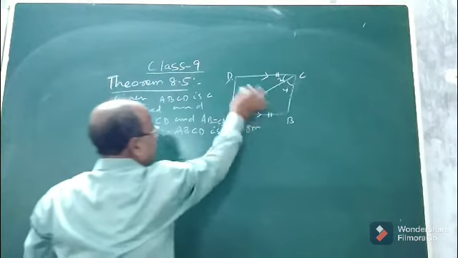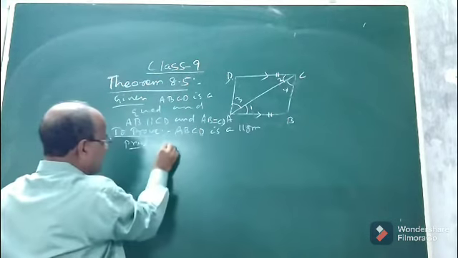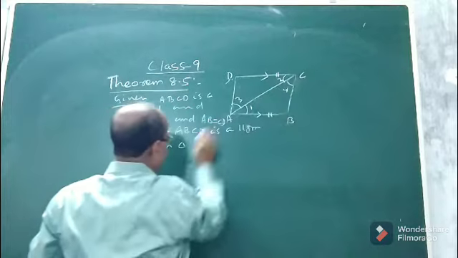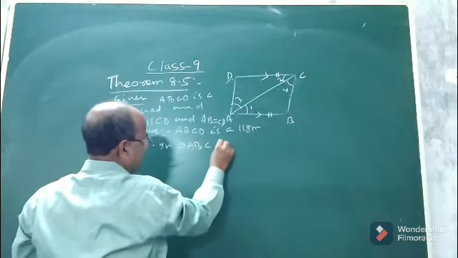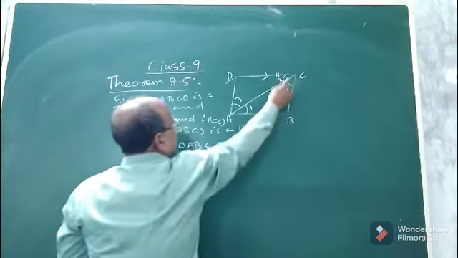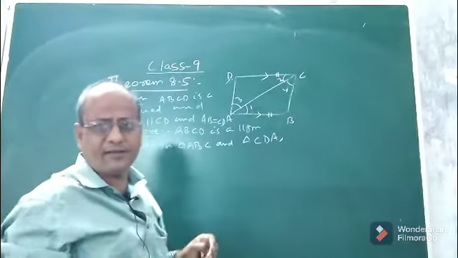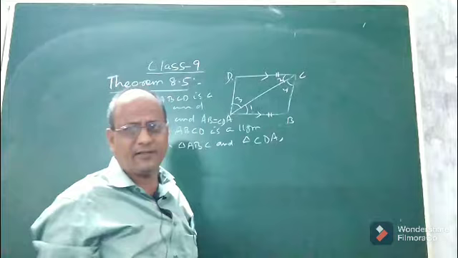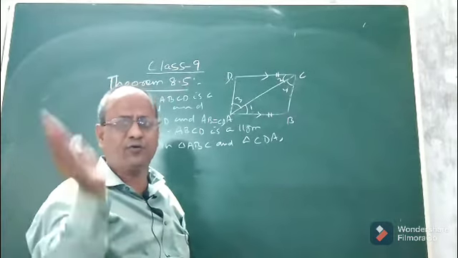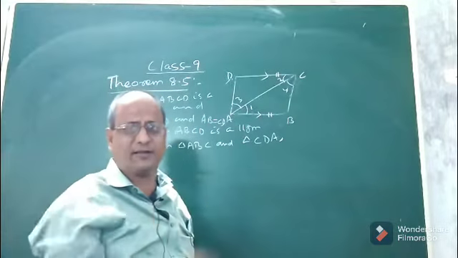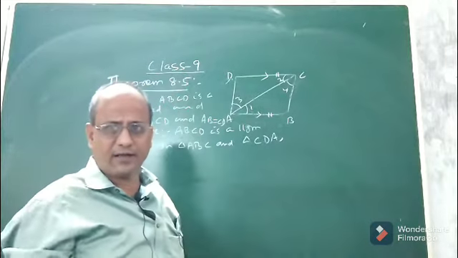So, first you compare these two triangles, triangle ABC and triangle CDA. Let us find out the matching parts which are equal, because three matching parts are needed. In order to prove two triangles congruent, we always require three matching parts of the two triangles.